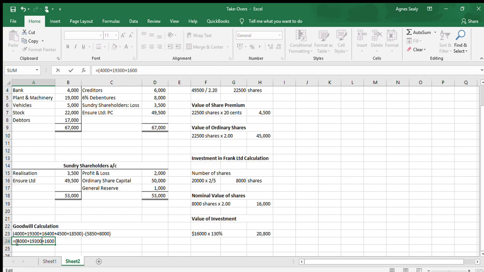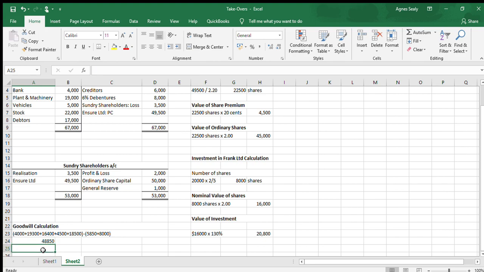19,000 plus 16,400 plus 4,500 plus 18,500 minus 58.50 plus 8,000. So this is our net assets. Net assets is $48,850.